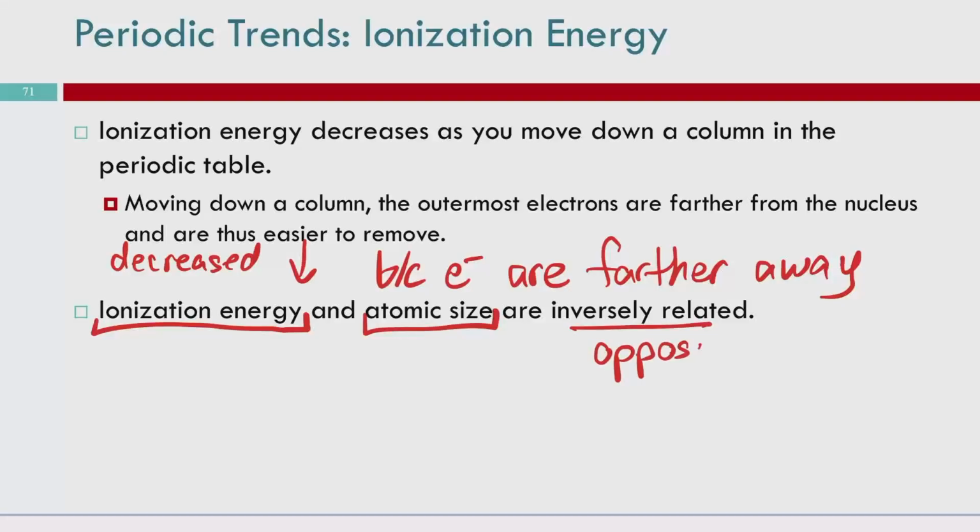So the trends are the opposite, which is convenient because if you just remember one of them, you've got it locked down, and then you remember the other one is the opposite. Congratulations, you've gotten two basically for the price of one. Any questions about ionization energy? Again, it's to remove an electron. Zap an electron off.